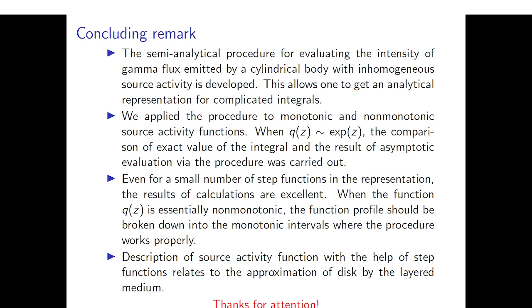When function Q is proportional to an exponent, the comparison of the exact value of the integral and the result of asymptotic evaluation via the procedure was carried out. Even for a small number of step functions in the representation, the results of calculation are excellent.